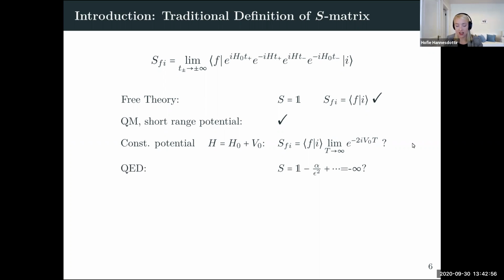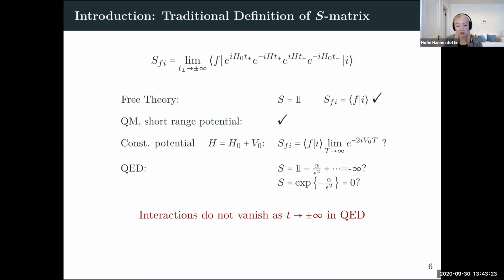A similar thing actually happens in QED. So let's first look at what happens. Do we say that the S matrix is 1 minus alpha over epsilon squared, so that it's actually minus infinity? Or do we say that the divergences exponentiate, so the S matrix is actually 0? In either case, it doesn't help us. It's not well defined. It doesn't give us any non-trivial results.